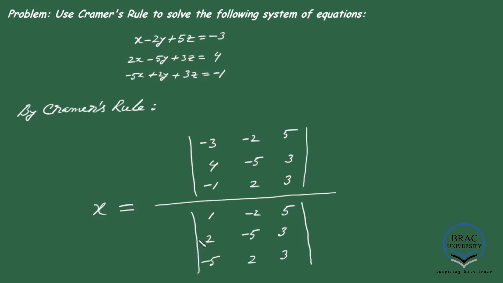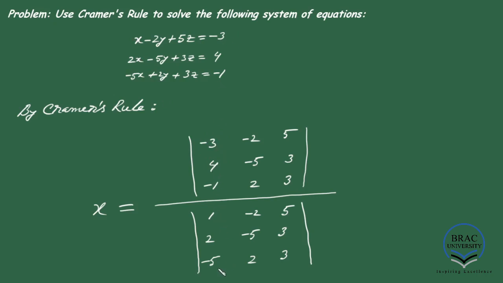That's the denominator determinant. Now, the numerator determinant is calculated slightly differently. Whenever you're looking for x, you replace the x column with these constant values. So these constant values are -3, 4, -1. You replace the x coefficients with these constant values.